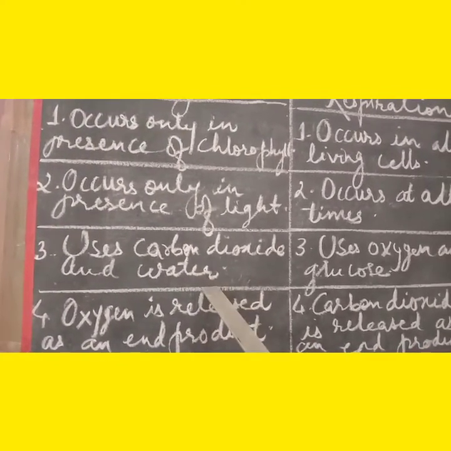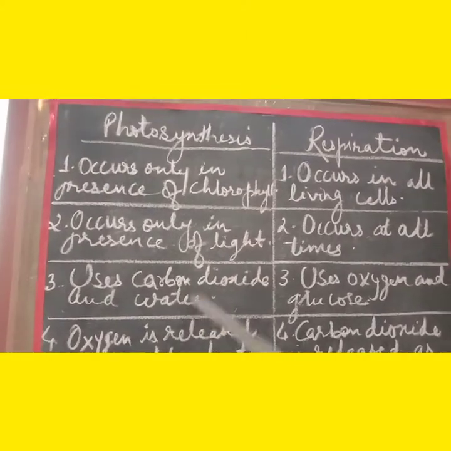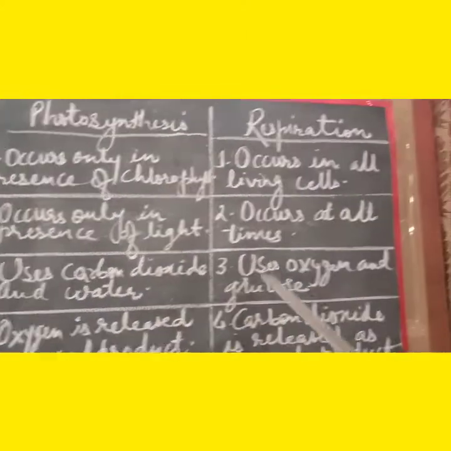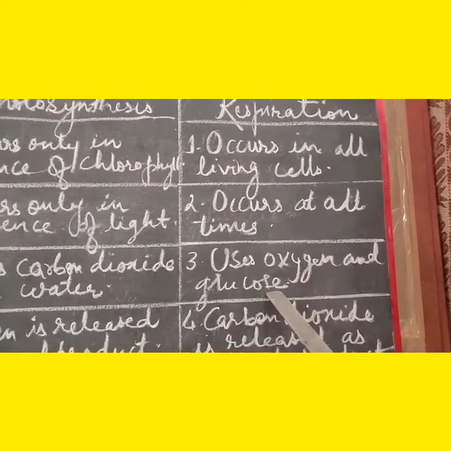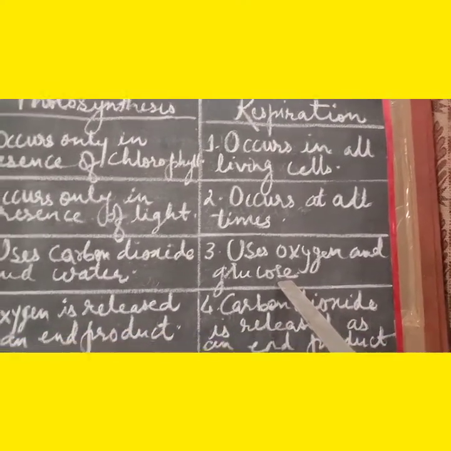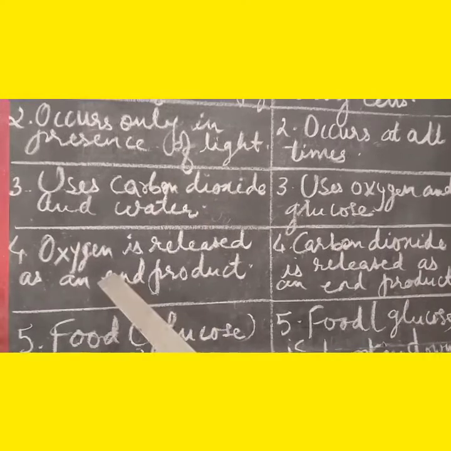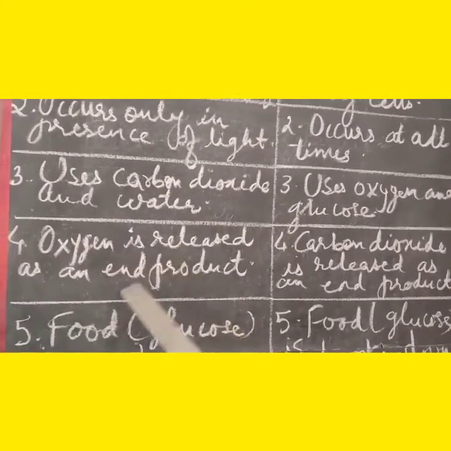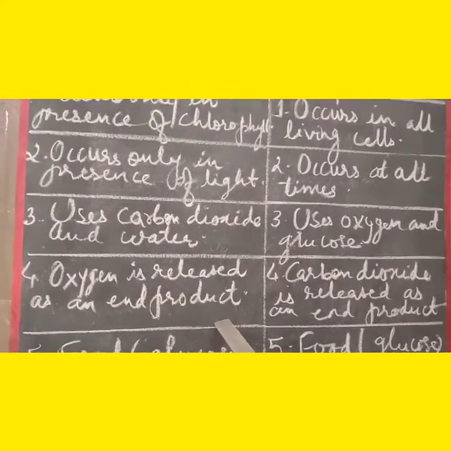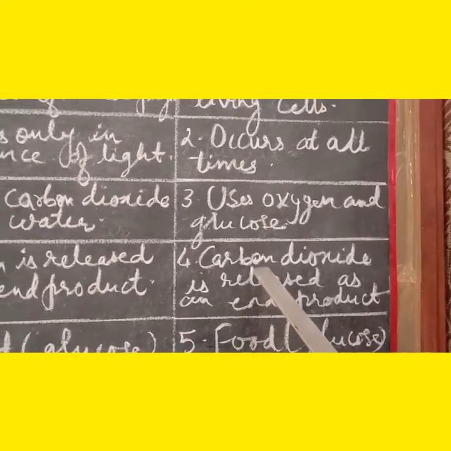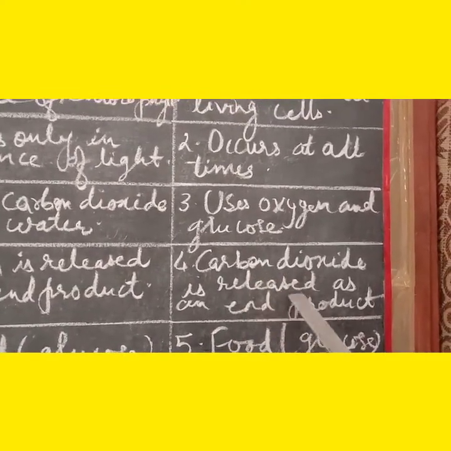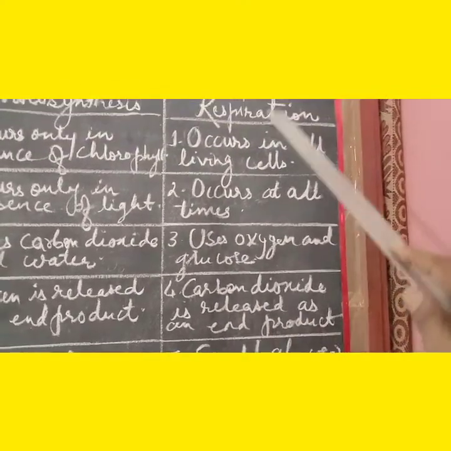These are the main raw materials which plants require to carry out photosynthesis. But in case of respiration, oxygen and glucose are required. The next is oxygen is released as an end product of photosynthesis, but carbon dioxide gas is released in respiration.